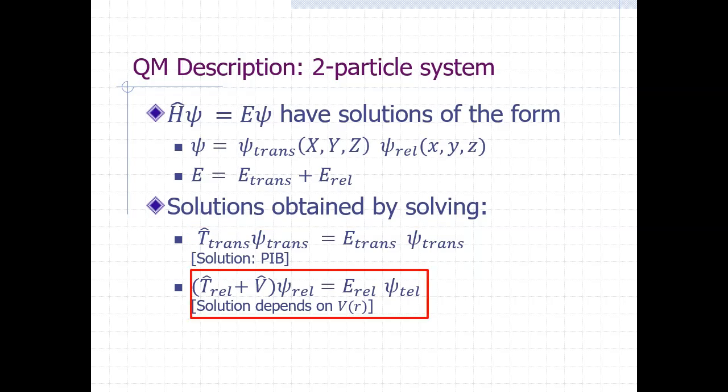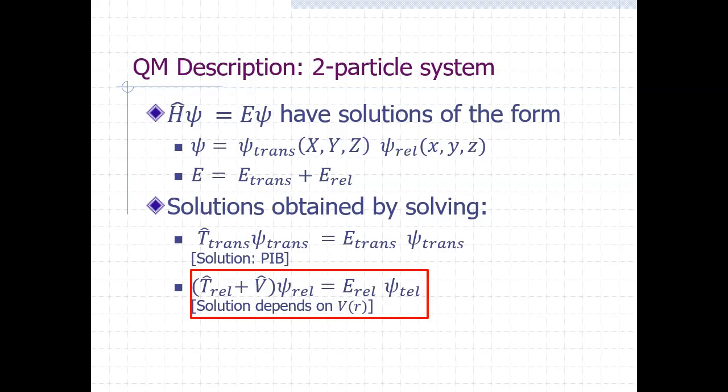The differential equation for the part that depends only on the relative coordinates is what we need to solve. The solution depends on how the potential energy of interaction between the two particles depends on the distance between them. The eigenvalue here corresponds to the relative or internal energy, which includes both kinetic and potential energy.